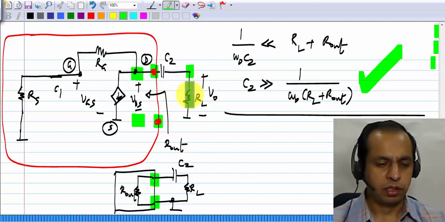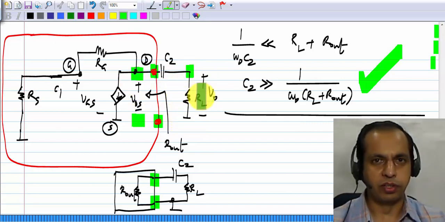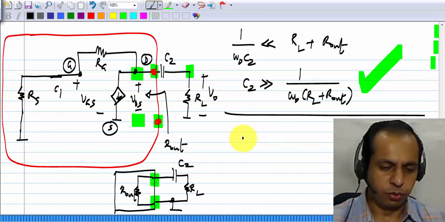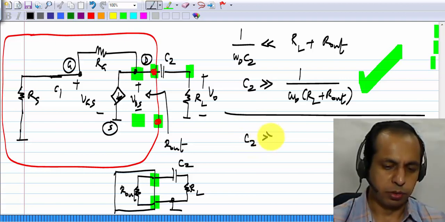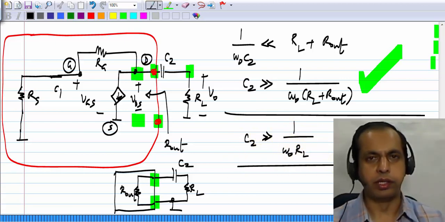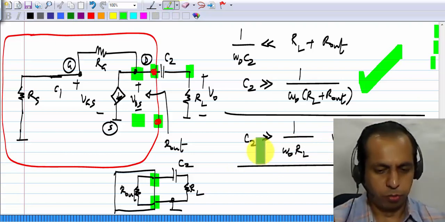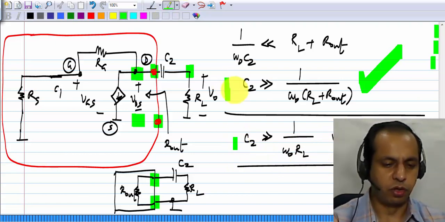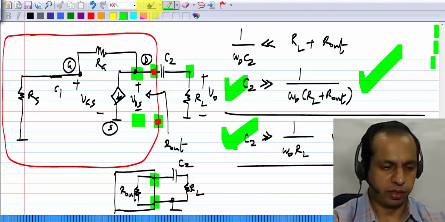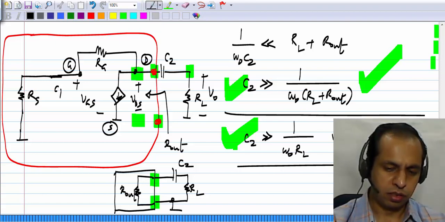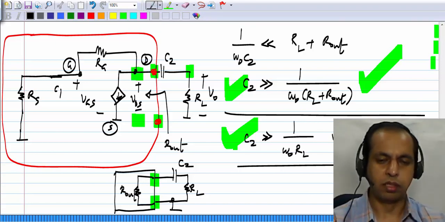So we want VDS to be the same as V0. In that case, as we discussed earlier, the constraint would be C2 must be much greater than 1 over omega naught RL. So many times you use this constraint as well, and as before, obviously if you satisfy that, you will automatically satisfy that one. So this is the stronger condition.